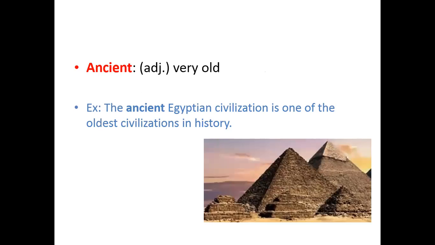Now this word is ancient. Ancient is an adjective. I use it to describe a noun, and it means very old. For example, the ancient Egyptian civilization is one of the oldest civilizations in history. Or when I say the pyramids are very ancient buildings.